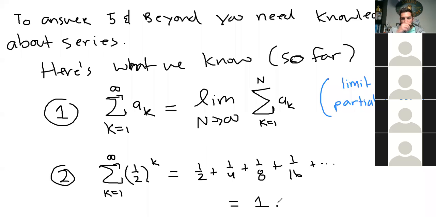That's what we showed last class. This is the only thing we know about series right now. But we're about to learn that this thing, number 2, is actually a very specific case of a general problem. So, does anybody have a question about this?